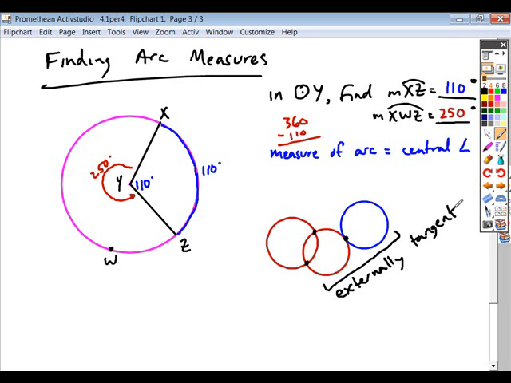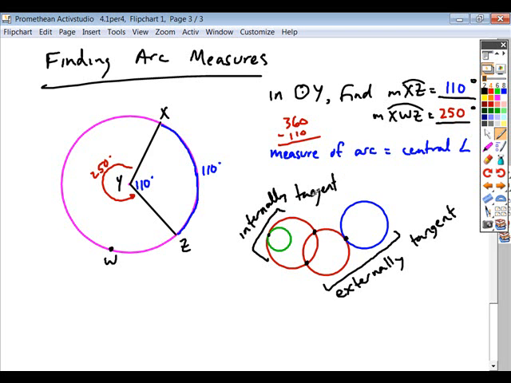It's also possible, though, for two circles to share one common point in what's called internally tangent. So these terms are describing the relationship here.